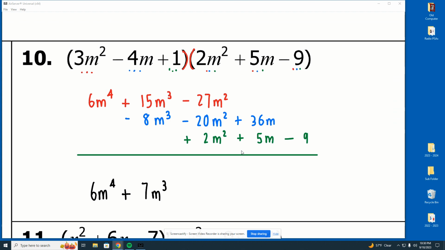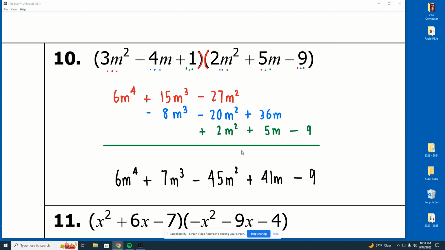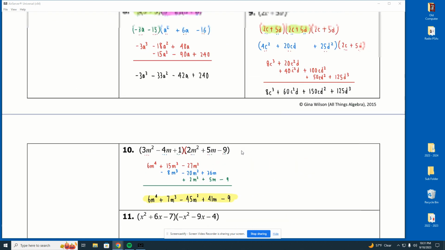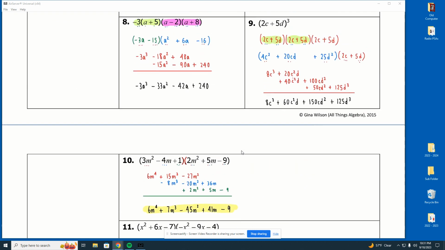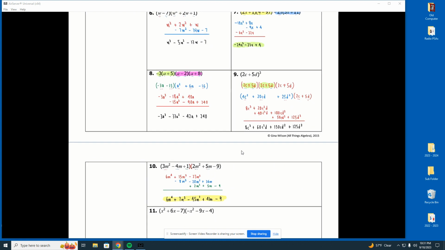Negative 47 plus 2 is negative 45, and our variable stays the same. 36m plus 5m is positive 41m, and minus 9 drops down. So there you have it. There's your answer. Again, quite a bit, but probably a little easier even than number 9 was.